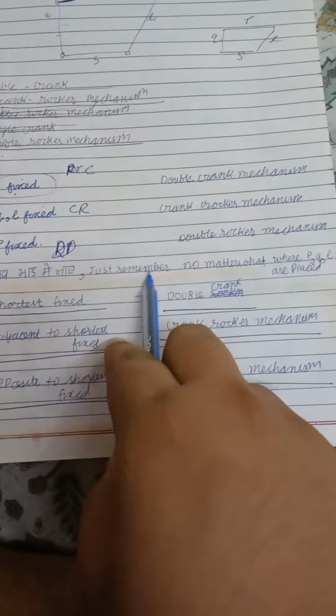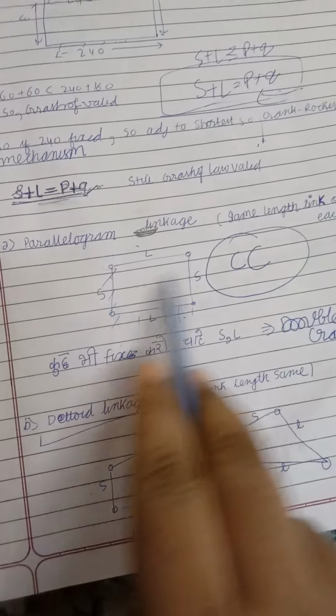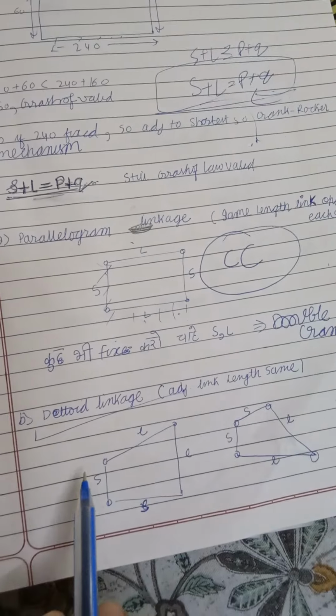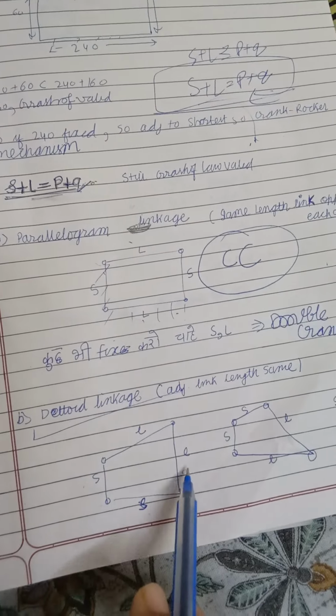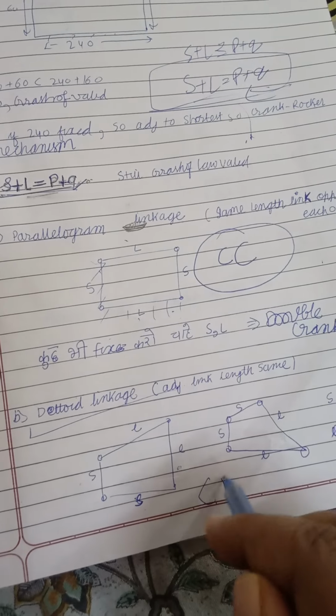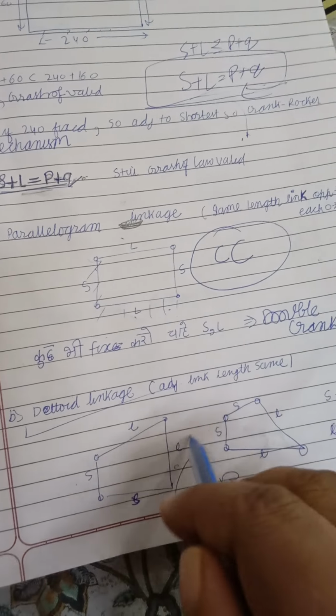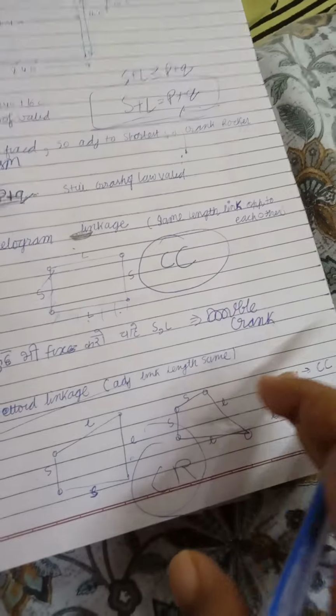So if the arrangement is like a parallelogram, then whichever link you fix, S, L, this, you will only get crank mechanism. But if deltoid linkage is there, opposite like here opposite were there, adjacent, then you will definitely get just crank rocker in any case.